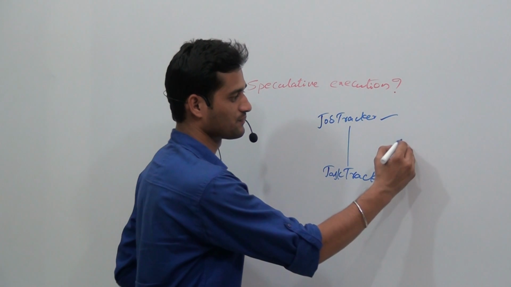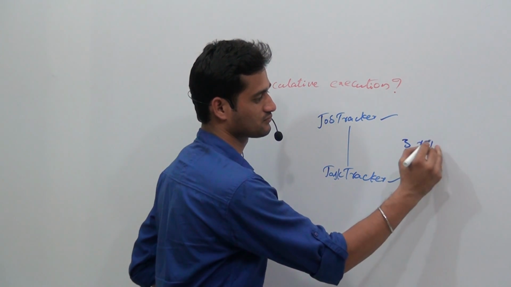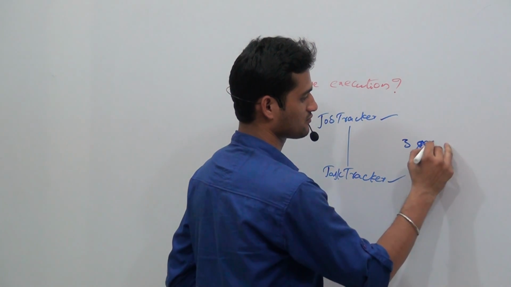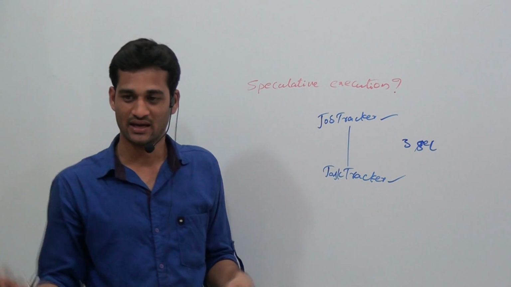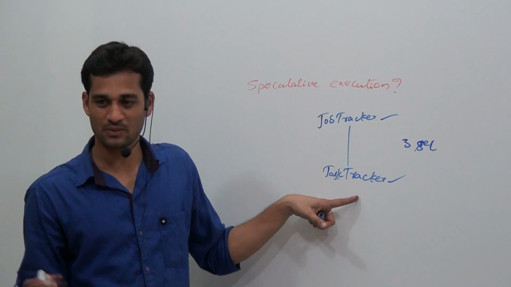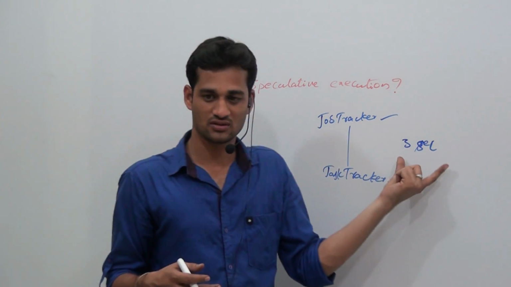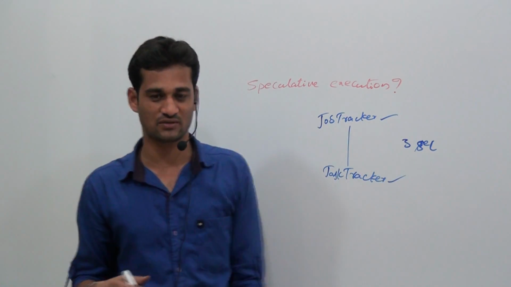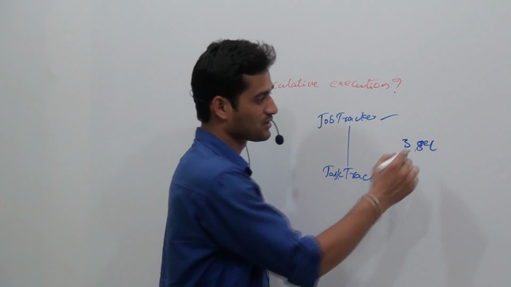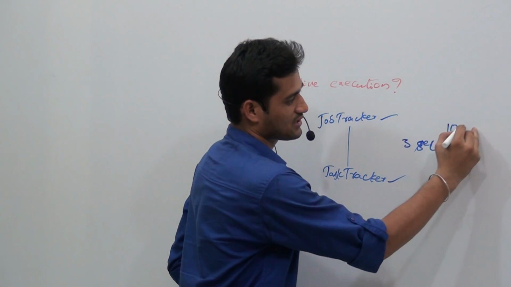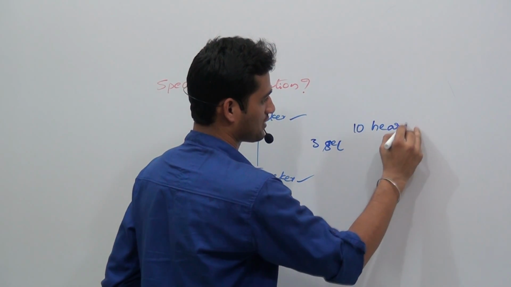At any time, if the task tracker is not passing any more heartbeat to the job tracker, it can wait up to 3 seconds. In that time, if it is still not giving any heartbeat, it can wait 10 heartbeats of time.